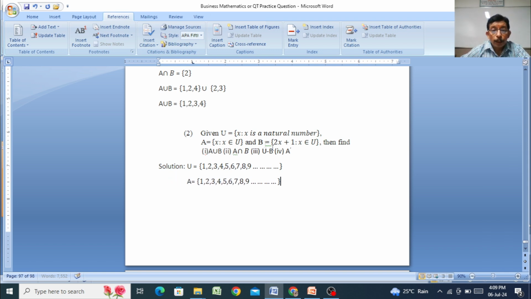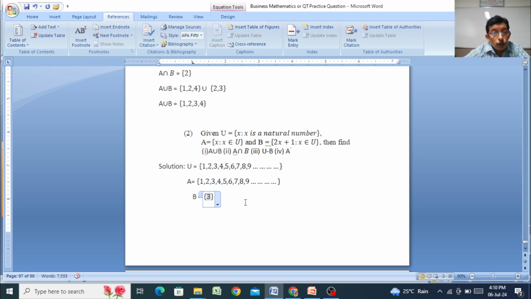Now B is the set of 2x plus 1 where x is a natural number. Now simplify the value of B with the help of the natural numbers and the expression 2x plus 1. Multiply x by 2 and add 1. 2 times 1 is 2, plus 1 is 3. The first value is 3.